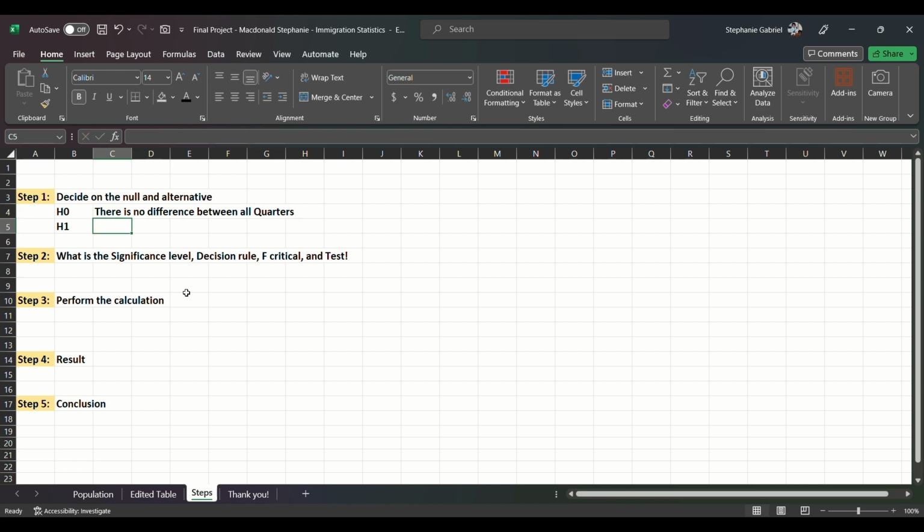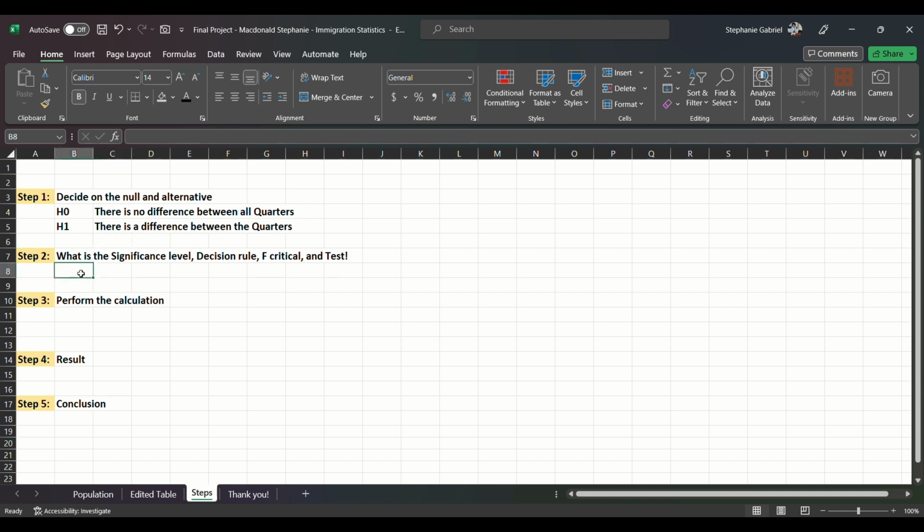And for the alternative, which means not equal, it would be there is a difference between the quarters. And there we go. So that's a null and alternative there for you.